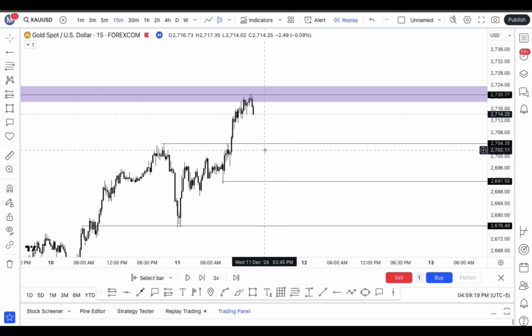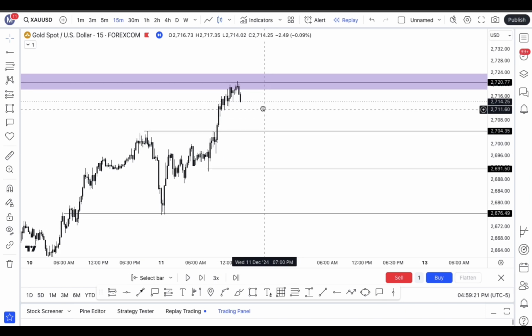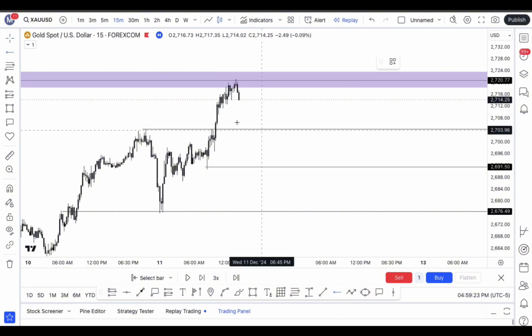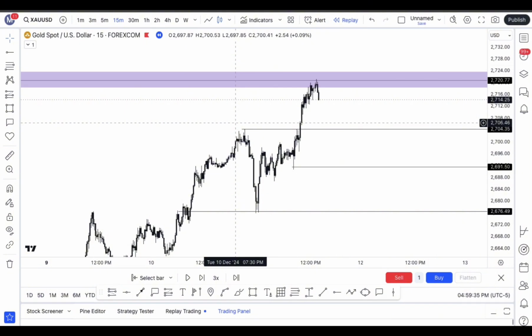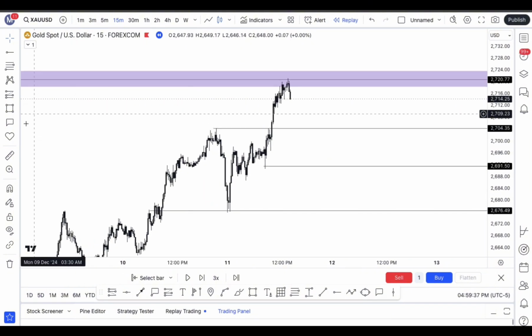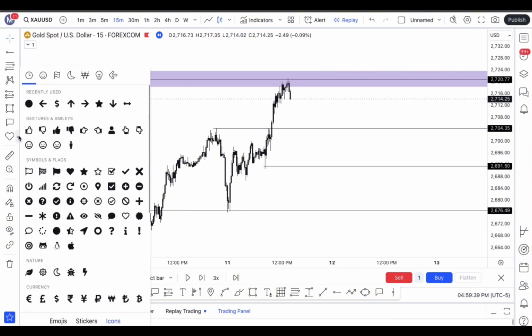So what I like to do is draw it near current price. So when price is creating bullish structure like this, I will pay attention to those high points. Why am I paying attention to those high points? I want you to actually pause this video and try and answer that yourself.